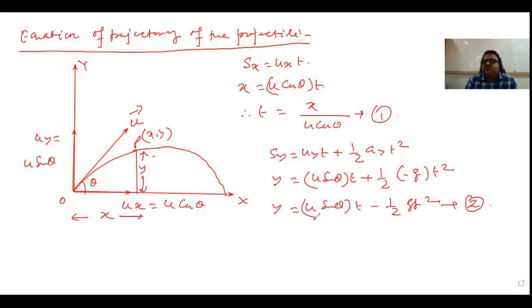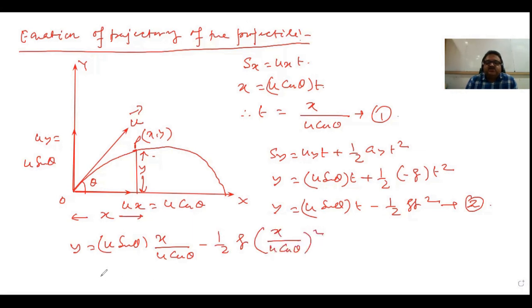That is a parameter, correct? I need to eliminate this parameter. So I'm just replacing t from equation 1 in equation 2. y equal to u sin theta, t is equal to x by u cos theta, minus half g, t square is x by u cos theta whole square. So if I simplify the result, this gets cancelled. y equal to x tan theta minus half g x square by u square cos square theta.